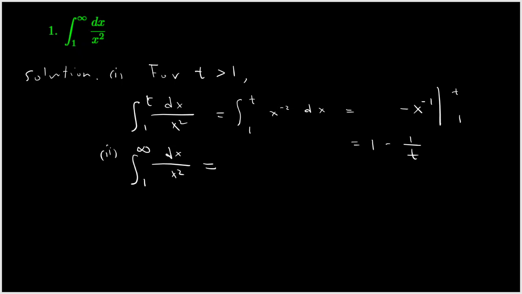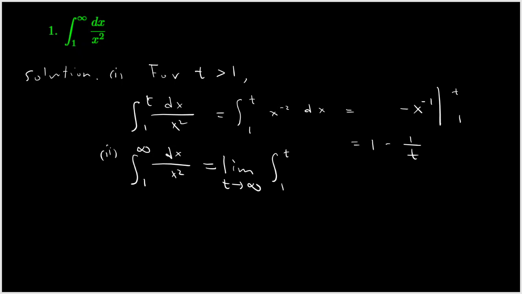Now I'm looking for the definition. So this step is the definition: how we define the type 1 improper integral. The thing is defined as the limit as t approaches infinity of the integral from 1 to t. By that we mean you replace the infinity part with t, and then you take the limit as t approaches infinity.